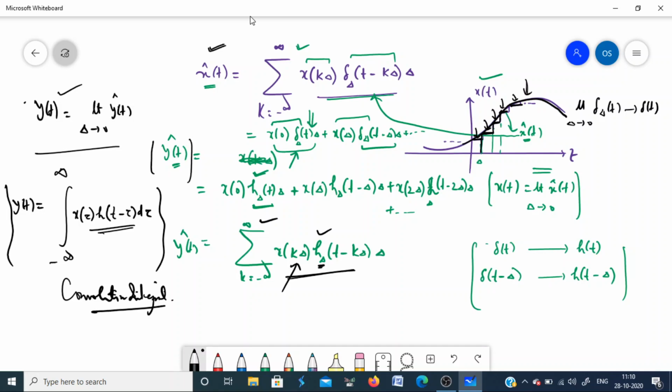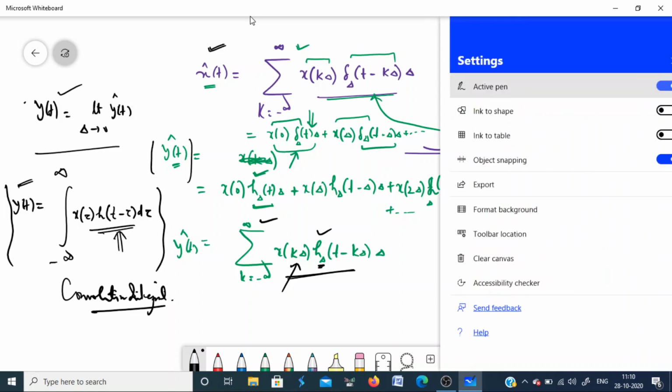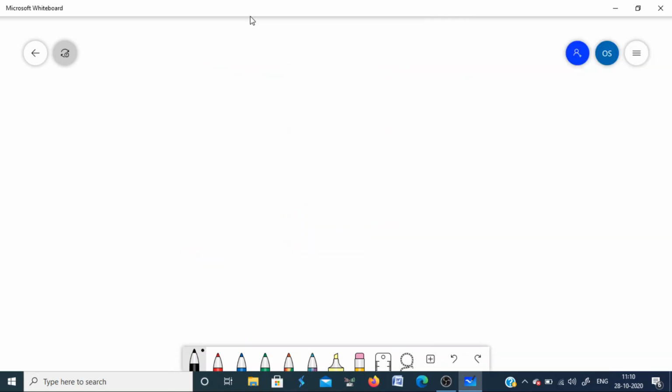So it gives you the response of a linear time invariant system using its impulse response h(t). So if you know the h(t) of any system, and if you apply any input to the system, your output will be given by this equation, the convolution integral.